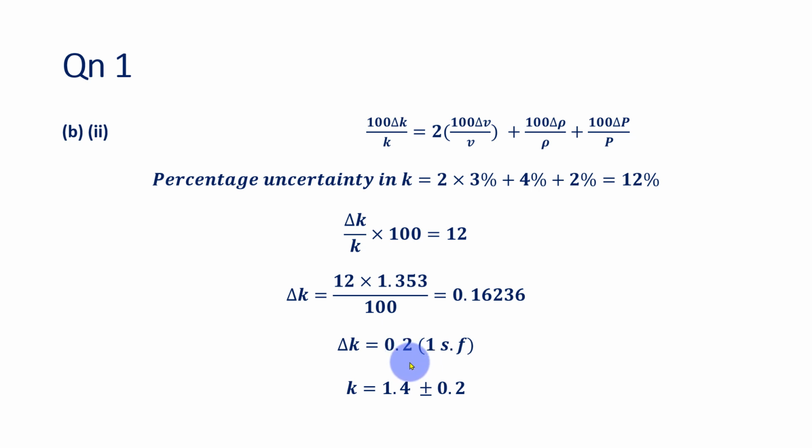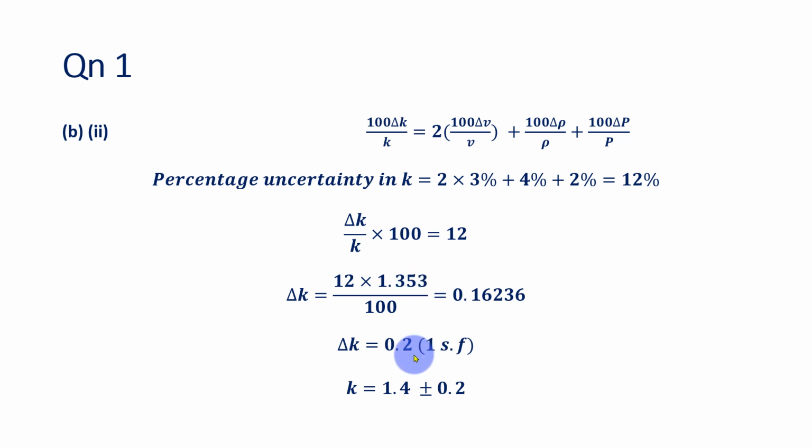And then we ask ourselves, which digit in the value of K does this absolute uncertainty affect? When we look at the value of K over here, which I think was 1.353, we realize that this digit affects this digit here, and that is why it would not be useful to write the other digits. It will not be useful to write the other digits in the value of K.